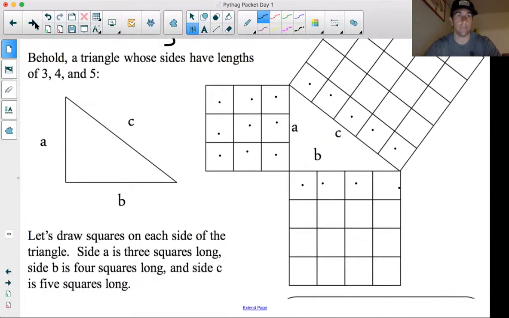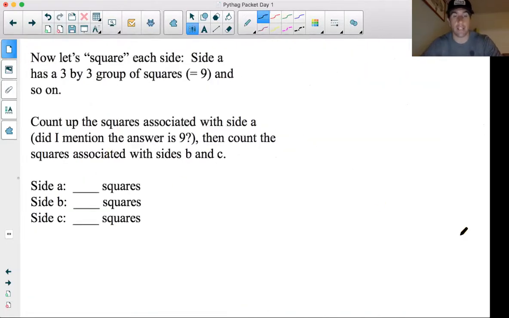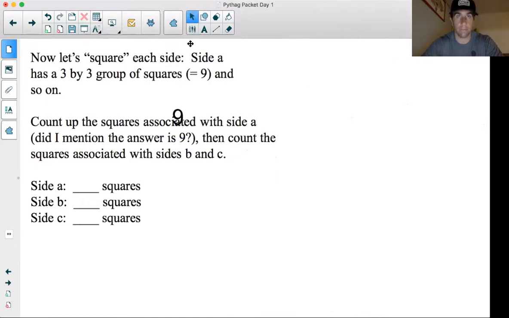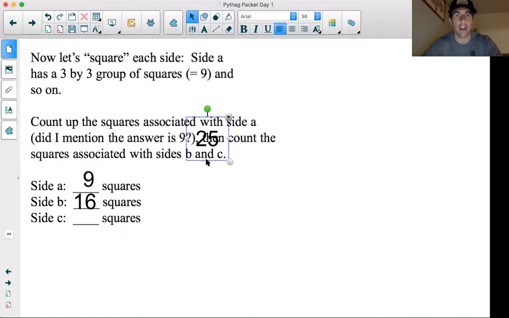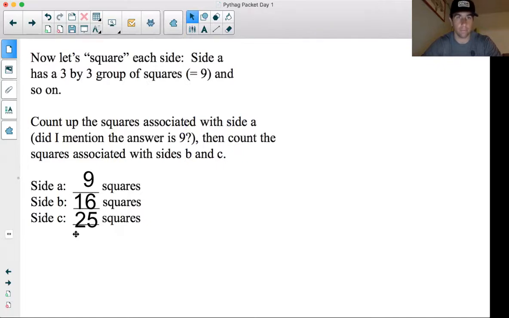So let's write that down. So side A was, what did we get for side A? Side A, we got 9 total squares. Side B, we got 16 total squares. And side C, I got 25 total squares. Now, since side A is 9, side B is 16, and side C is 25, and I kind of stressed to you guys how important side C is, how side C is known as the hypotenuse.